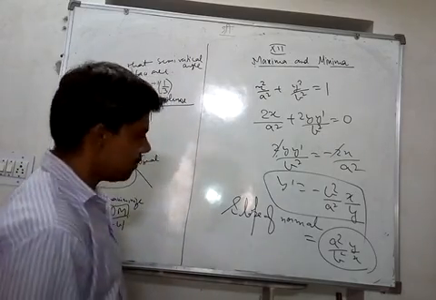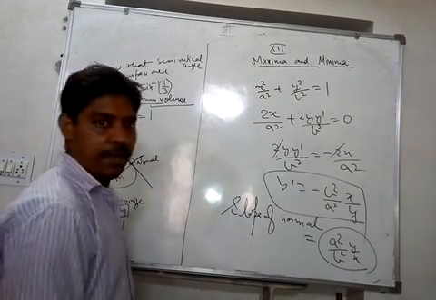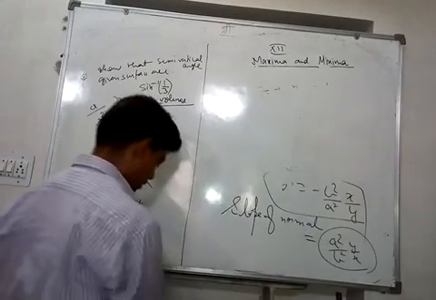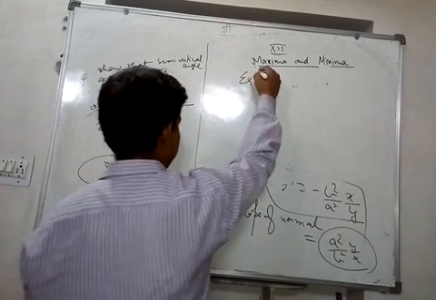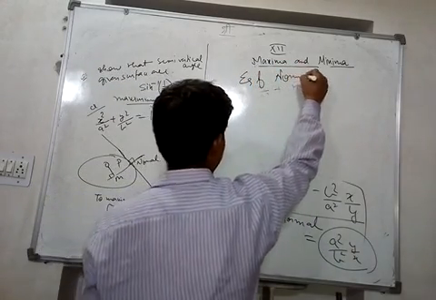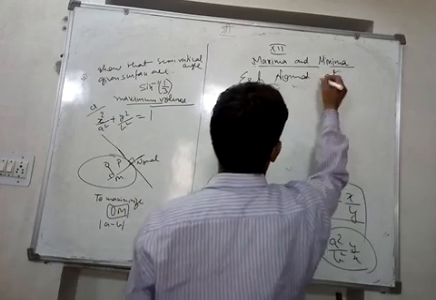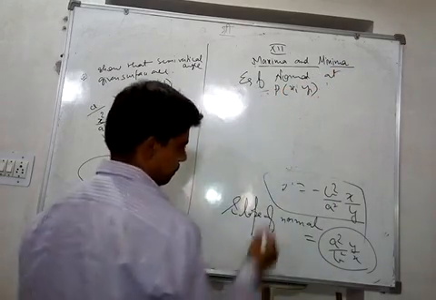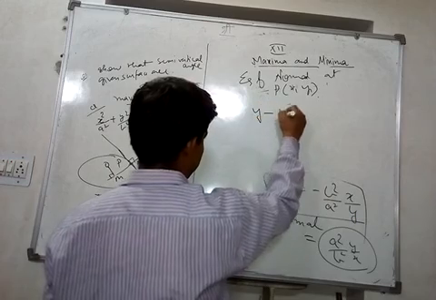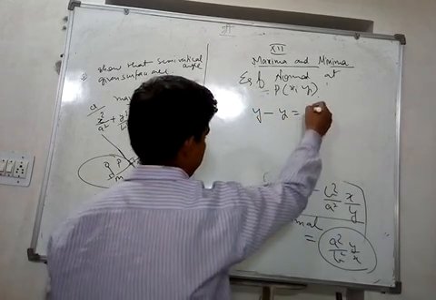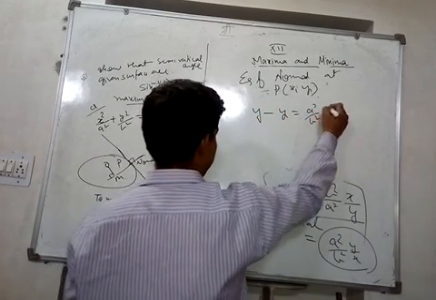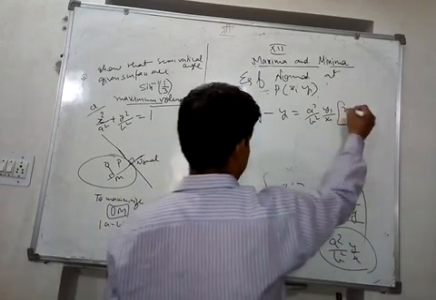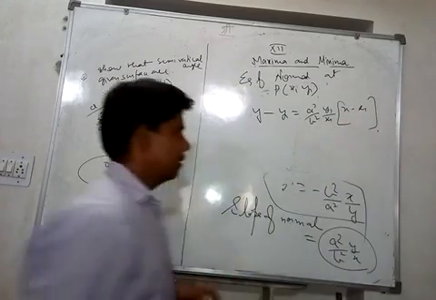Okay. So let the point P be x1 y1. So what is the equation of normal? Equation of normal at P x1 y1 will be y minus y1 is equal to a square upon b square y1 upon x1, and this is x minus x1, right?